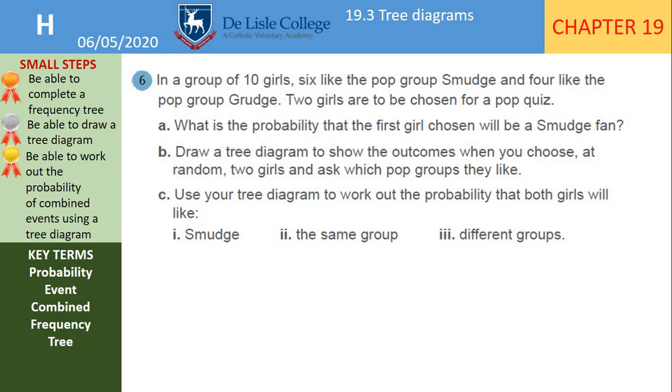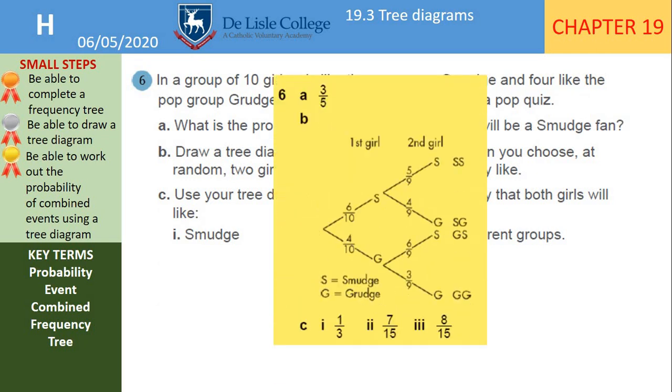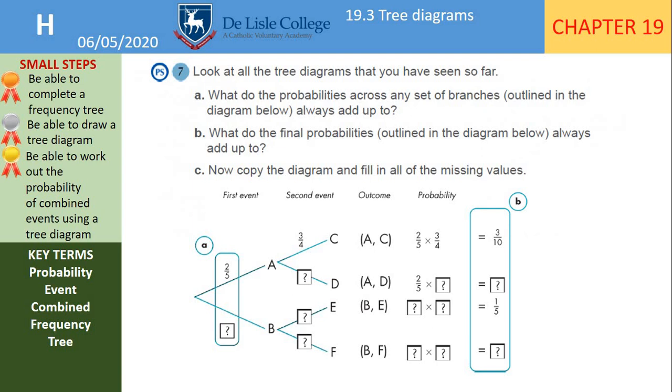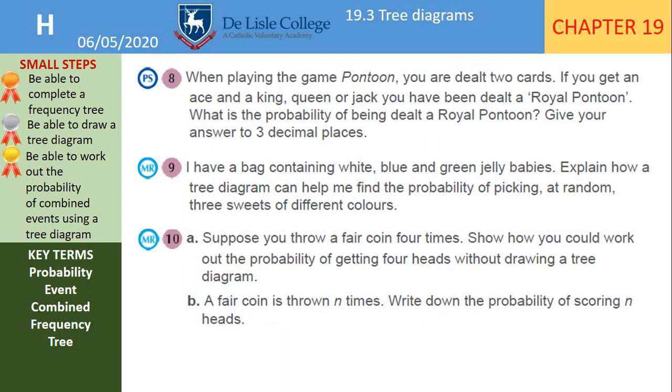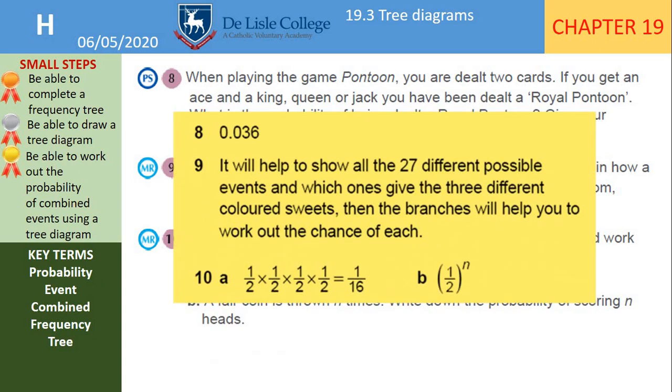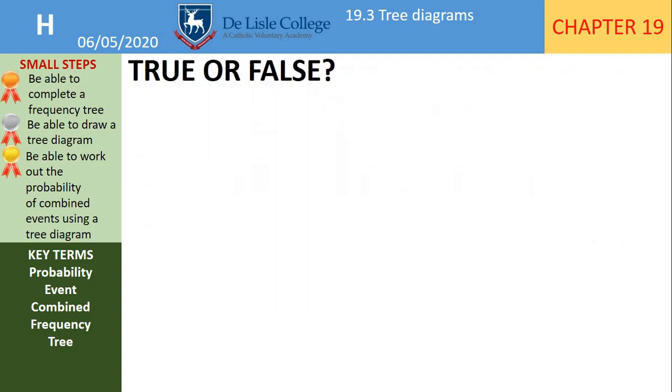Question 6 and the answer. Question 7 and the answer. 8, 9 and 10 with the answers. Now you don't need to answer all of these, and it may be that you want to just go along and work through the Hegarty tasks that are set for you on the sheet this week.